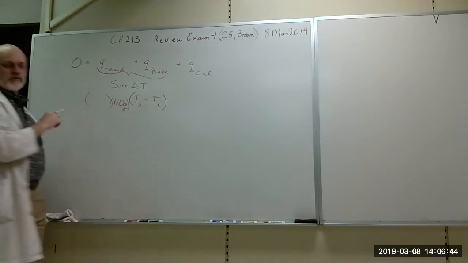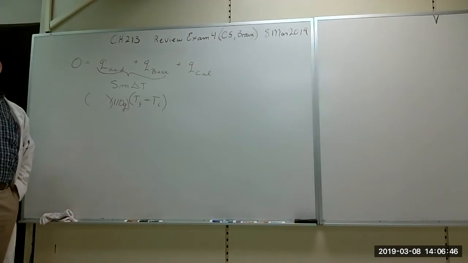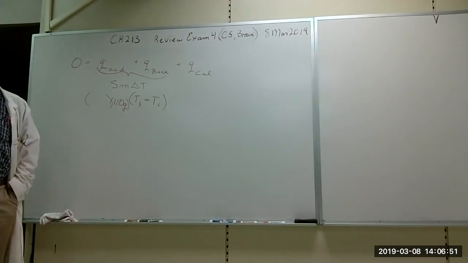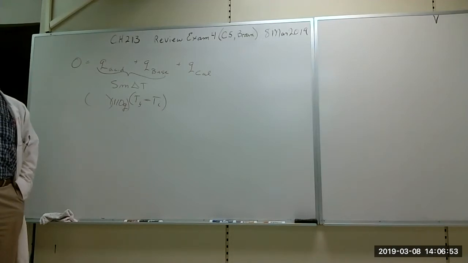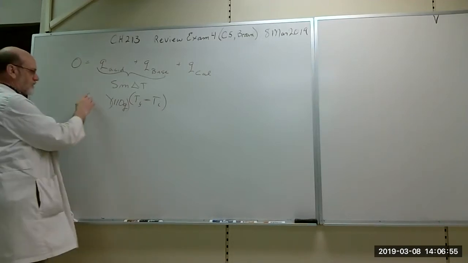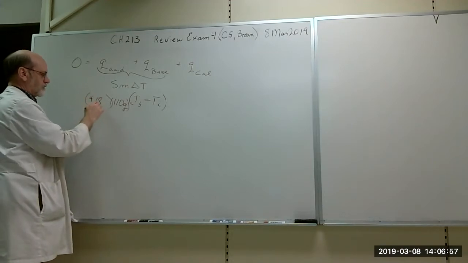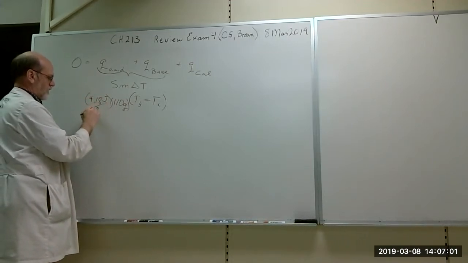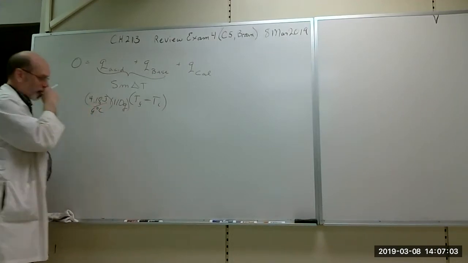And then we assume the specific heat is the same as for water, because these are relatively dilute solutions, and the presence of acid and base isn't going to change the 4.18 joules per gram degree centigrade.